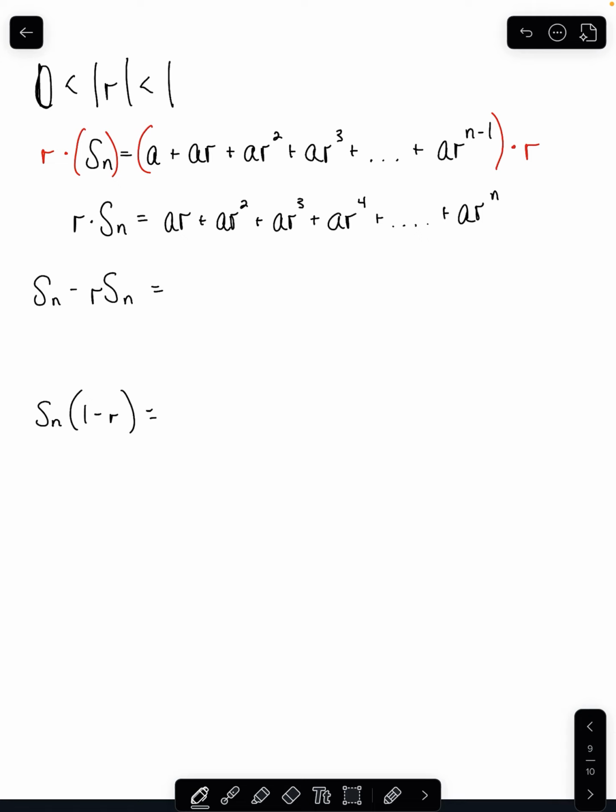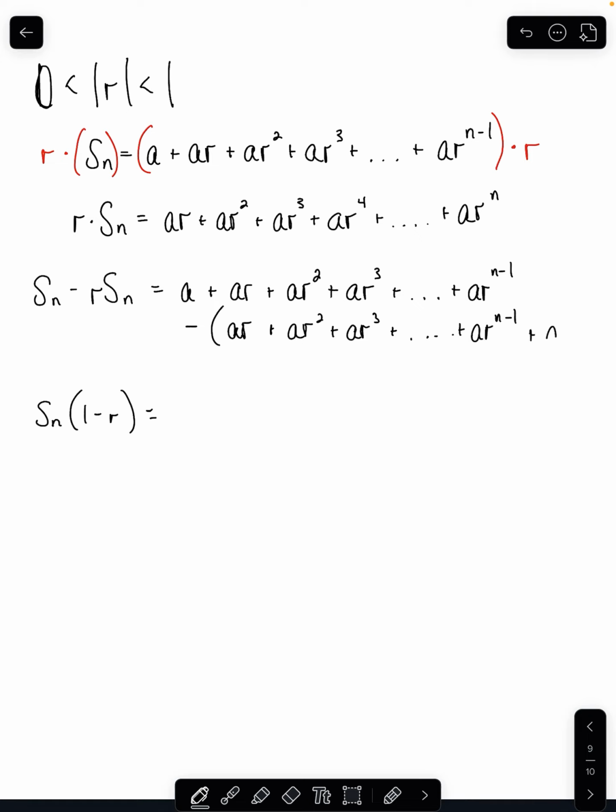Now, s sub n is a plus a times r plus ar squared plus ar cubed up to a times r to the n minus 1. And I'm going to subtract from that r times s sub n, which begins with a times r, and then ar squared, and then ar cubed, ending at ar to the n.